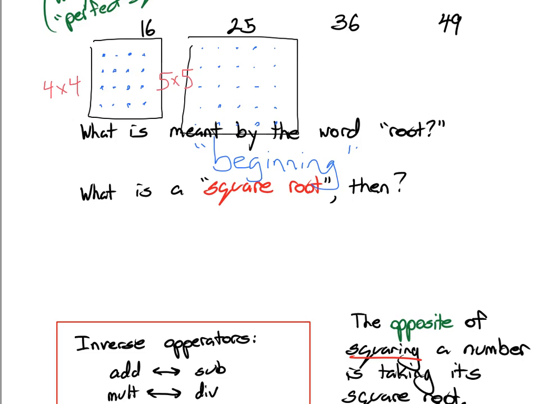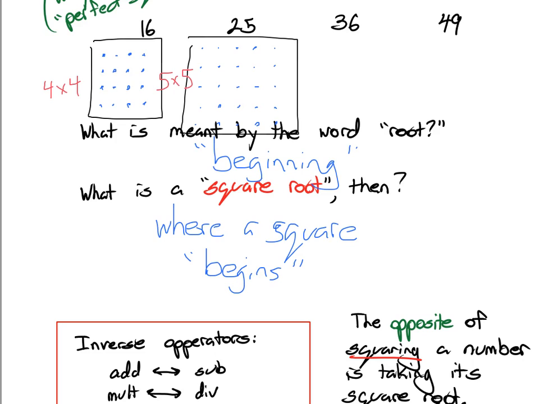Now, why is it called a square root then? Because it has the word root, and we know the word root means beginning. Well, basically, it's where a square begins. That's what we're talking about when we talk about a square root. It's where a square begins, the root of it.